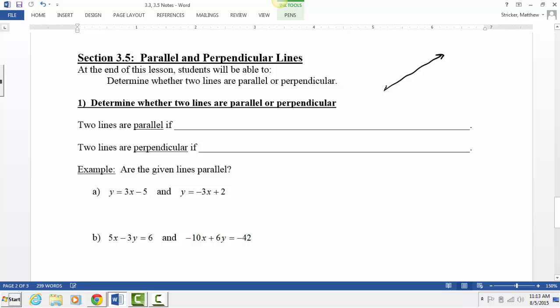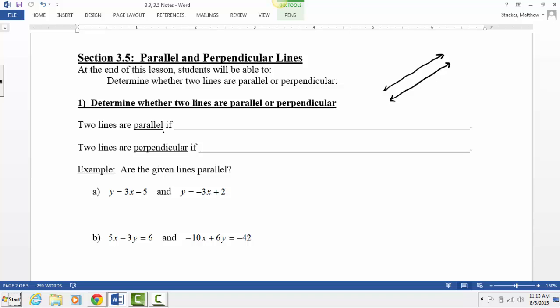Parallel lines are lines that don't intersect. What can we say about the slope of these two lines, or the steepness? Are they the same? Are they different? Well, hopefully you're thinking to yourself that the slopes are the same. They have the same steepness. If they're never going to cross each other, the slope should be the same.